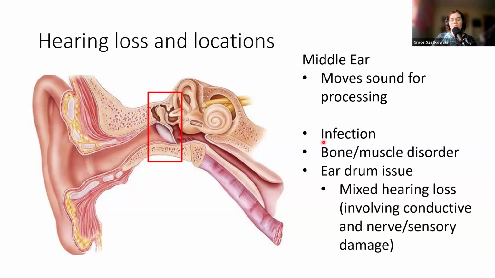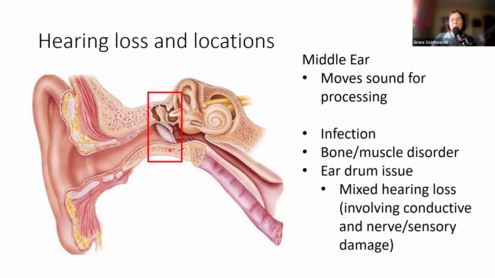That could be due to an infection in this area. Sometimes fluid can build up behind here, and that can block the adequate transmission of sound from getting into the nerves that we need to hear. There could be a bone dysarticulation or a muscle disorder here. And there could be even damage to the eardrum that causes issues with sound transmission as well.